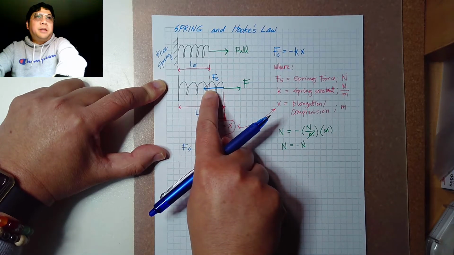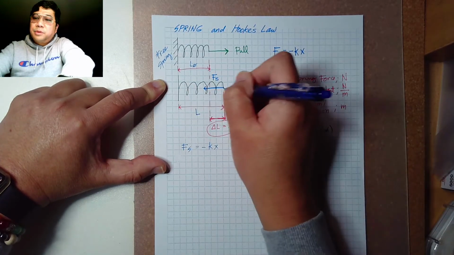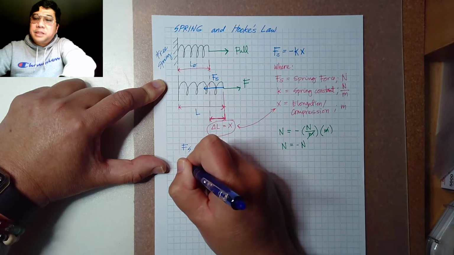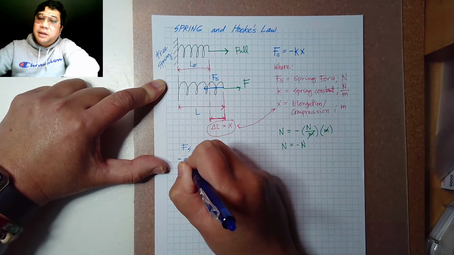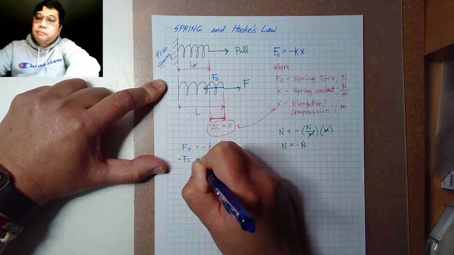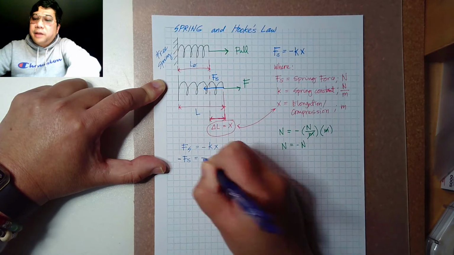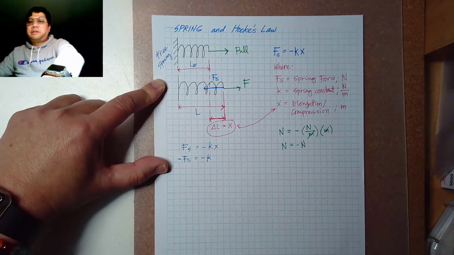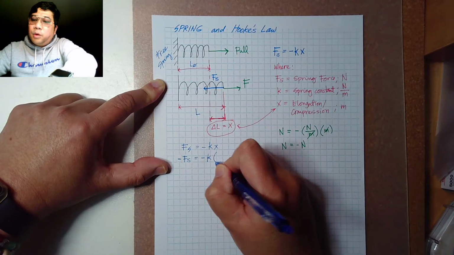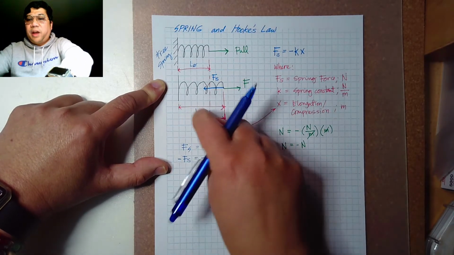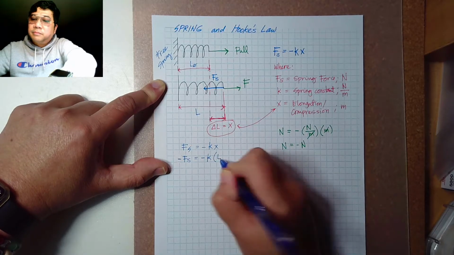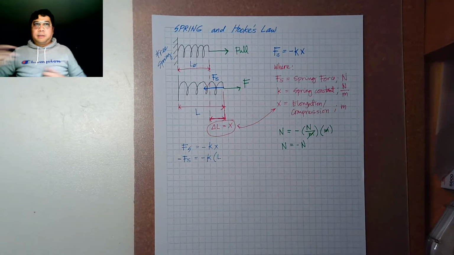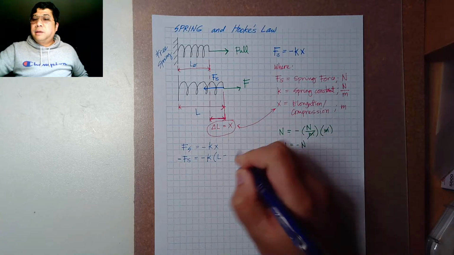But since the spring is moving to the left, the spring is pulling you to the left, this is negative Fs. We keep our negative right here. And then we have our spring constant. Now, what is our X? The final length minus L sub naught.